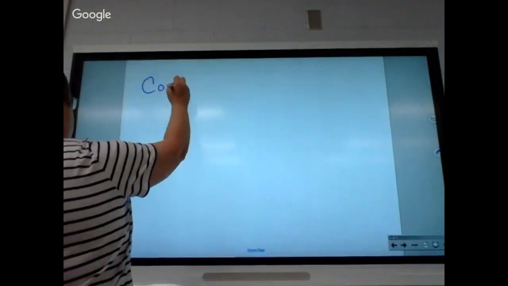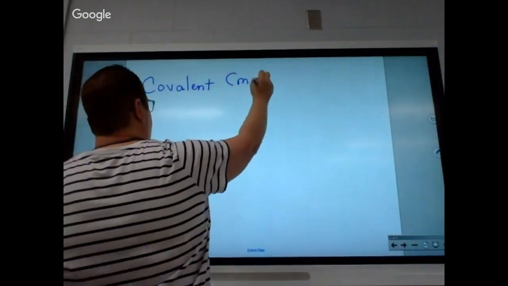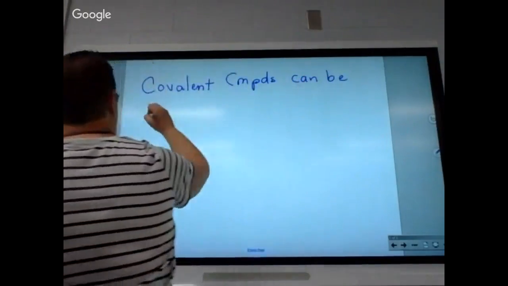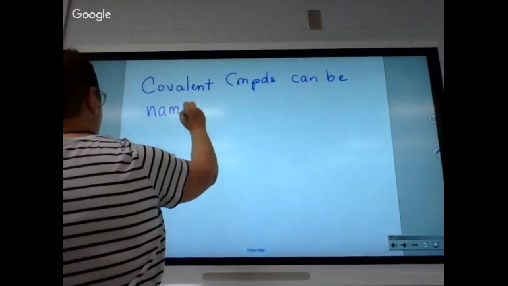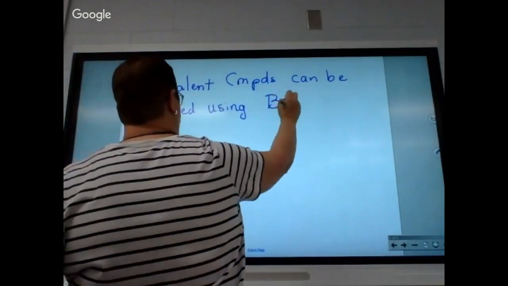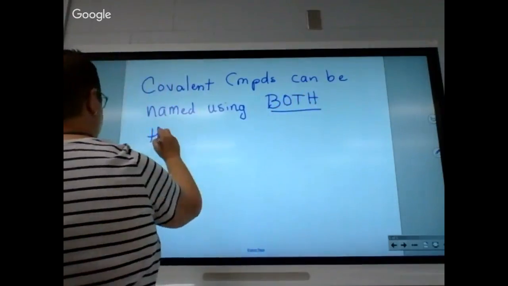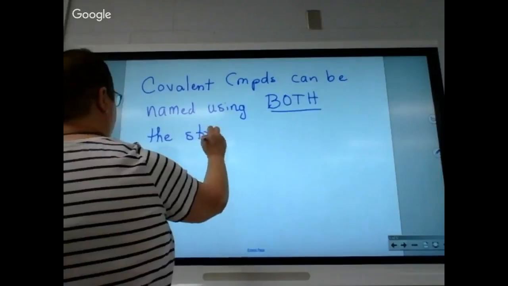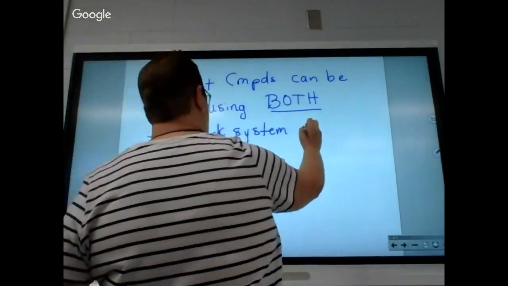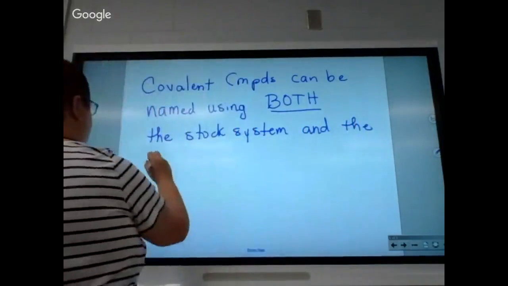Covalent compounds can be named using both the stock system and the prefix system.